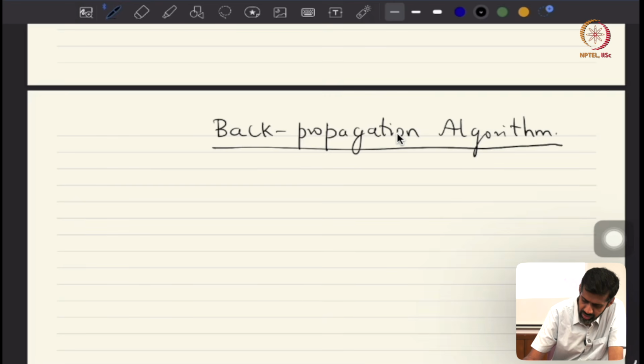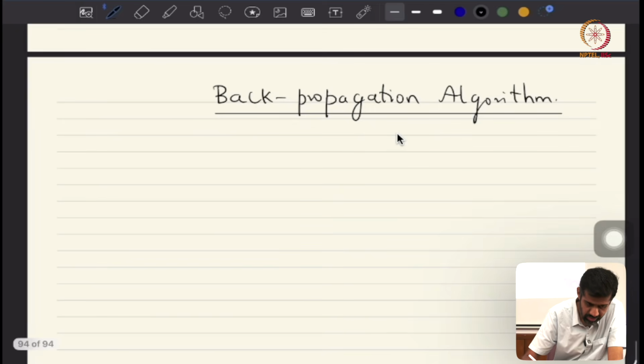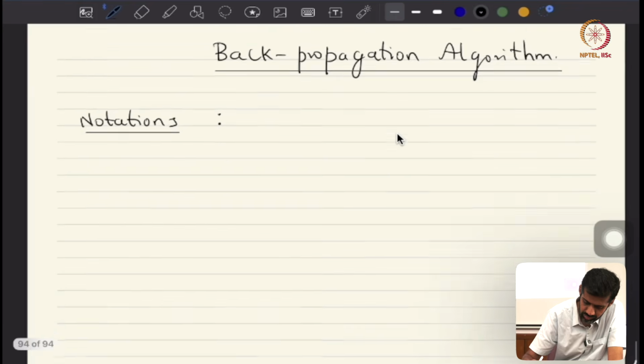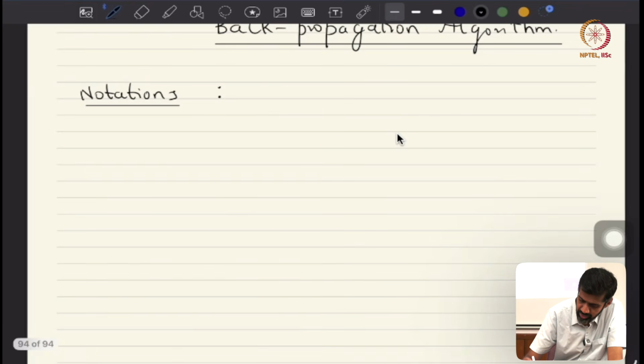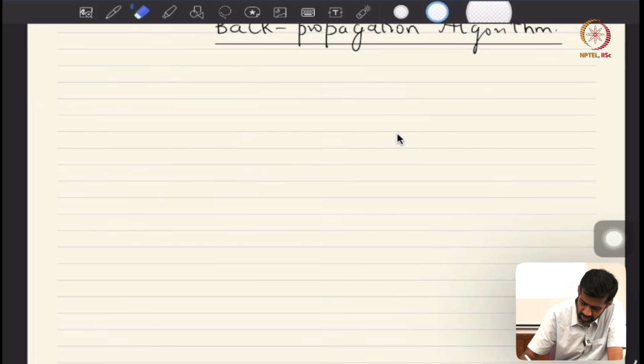So there is a lot of notation, I will just write that notation now. So notations. So maybe before I write the notations, I will draw the diagram. So we have data which is x, which is in R^d, right.